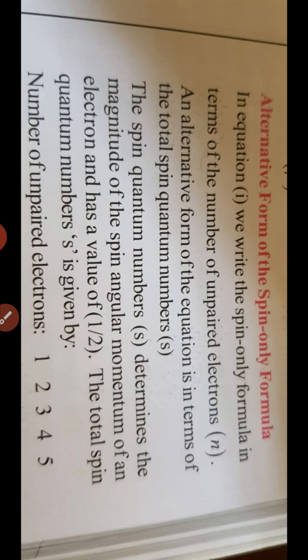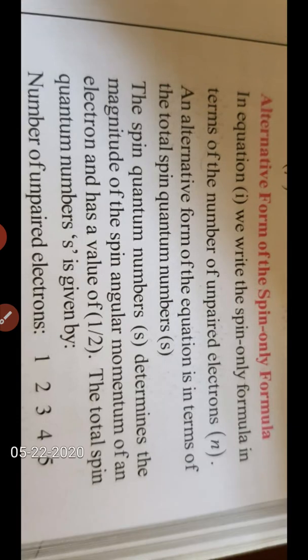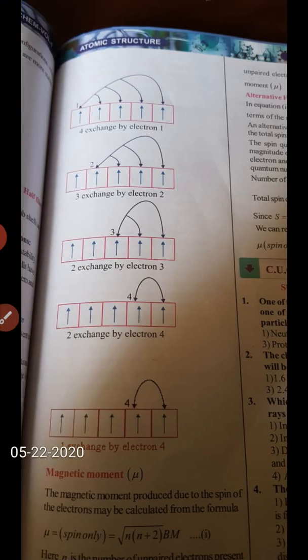The spin quantum number determines the magnitude of the spin angular momentum of an electron, and has a value of 1/2. The total spin quantum number S is given by the number of unpaired electrons: 1, 2, 3, 4, 5. For the first unpaired electron it will be half, for the second one 1/2.